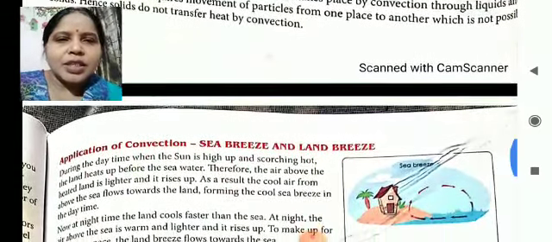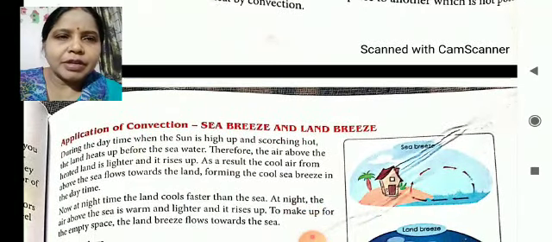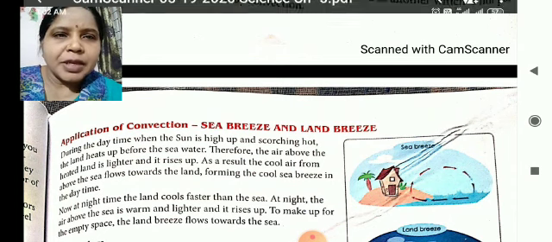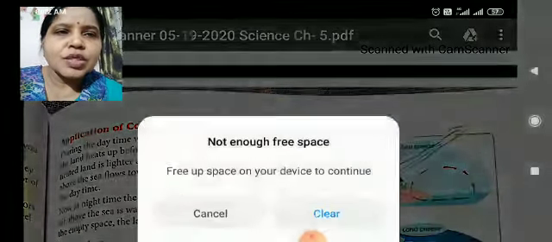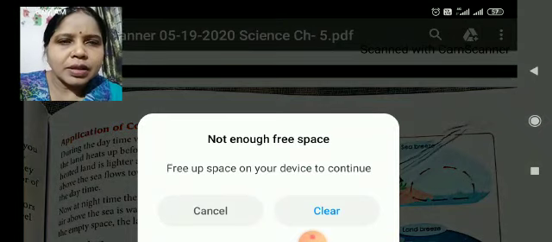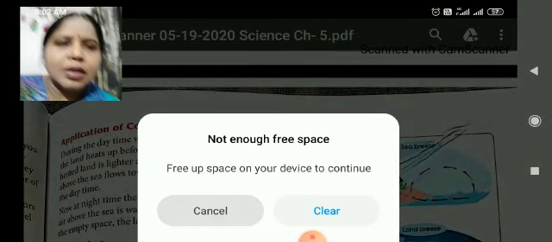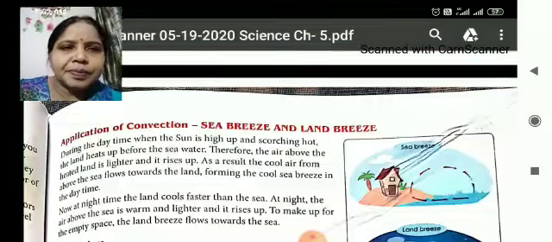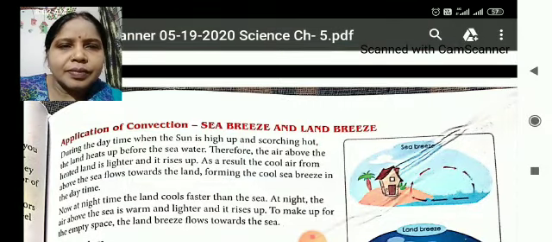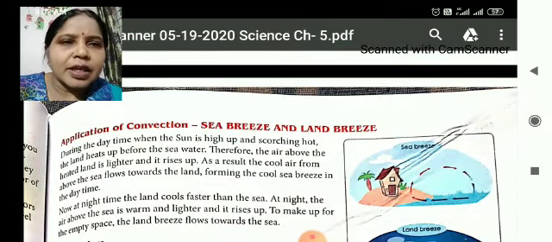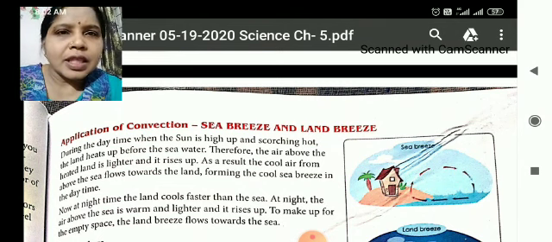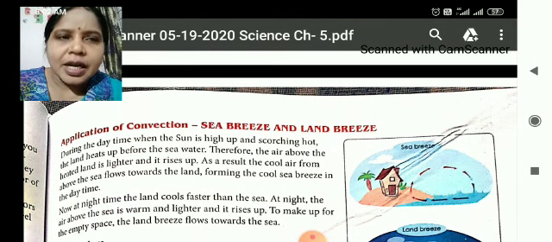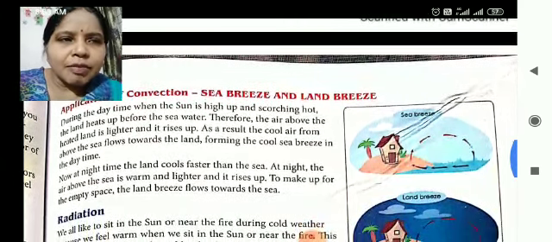You can see here the application of convection. The applications, meaning uses of convection current, are the sea breeze and land breeze, the movement of air.